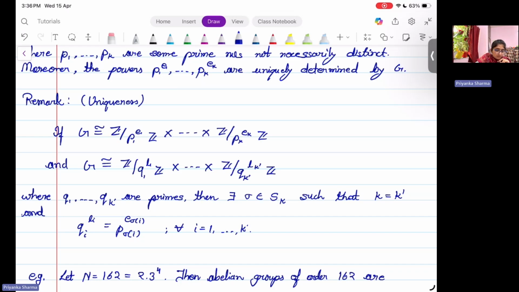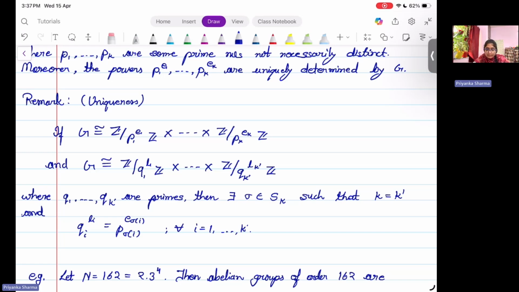the number of groups is the same. That is, k and k dash are the same. And qi to the power li is the same as p sigma i to the power e sigma i, for all i equals 1 up to k dash.